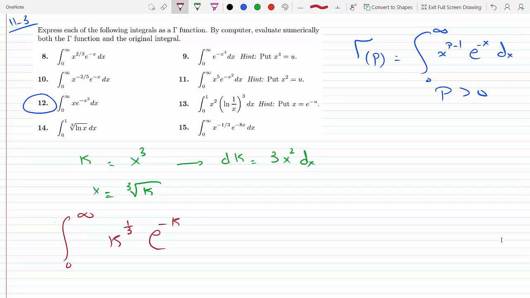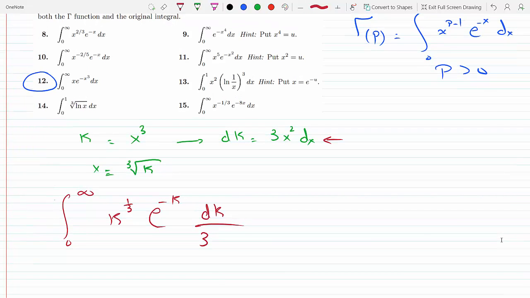And dx is just dk divided by 3x squared, and I have to get rid of x, so x squared, with x being the cube root of k, becomes k to the 2/3.